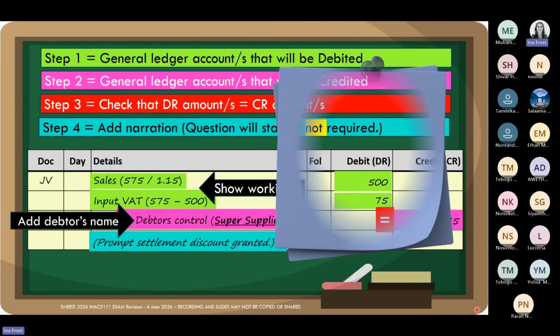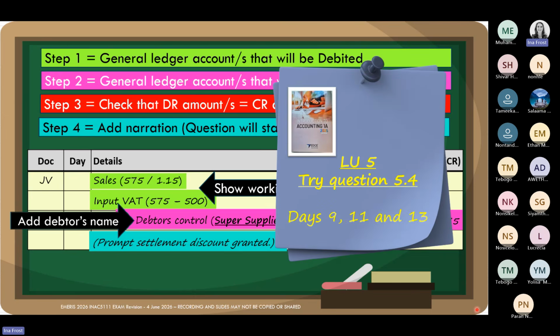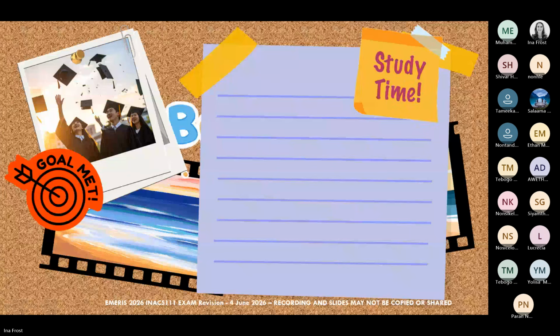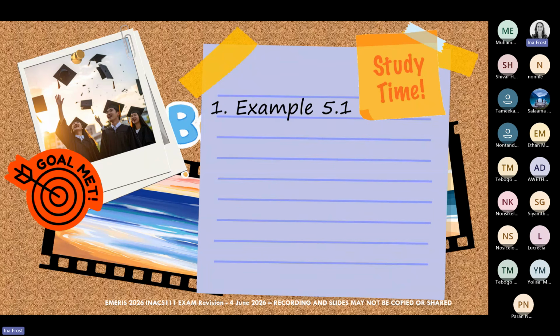If you want to revise more entries where we look at settlement discounts granted to debtors, go back again to our question 5.4 and look at days 9, 11, and 13. And you can practice those 3 entries. Again, I have mentioned example 5.1 quite a few times because that is such a nice comprehensive example with all the journals, the general ledger, and the trial balance.